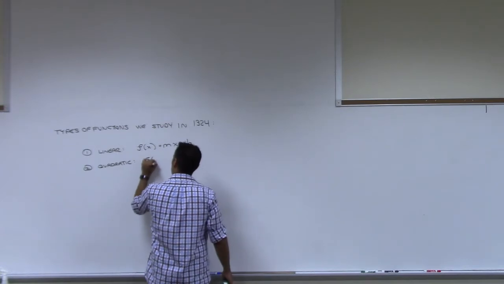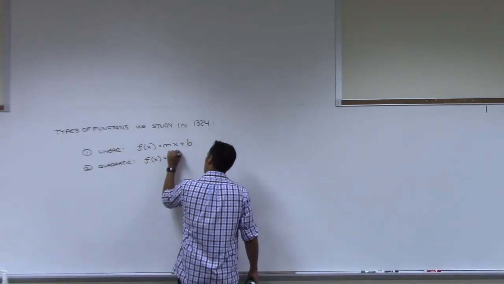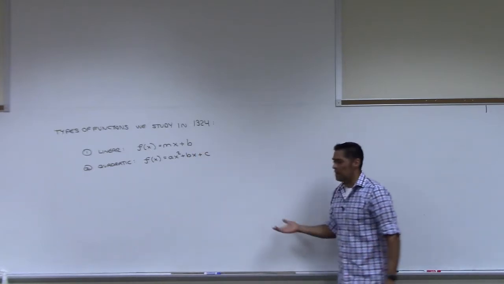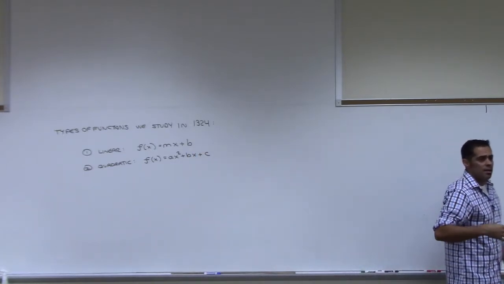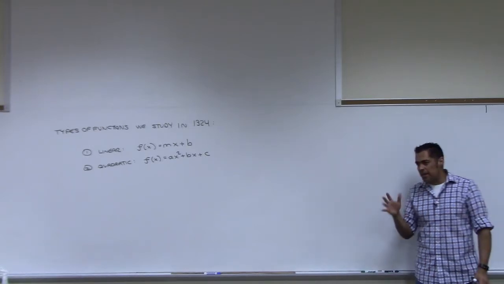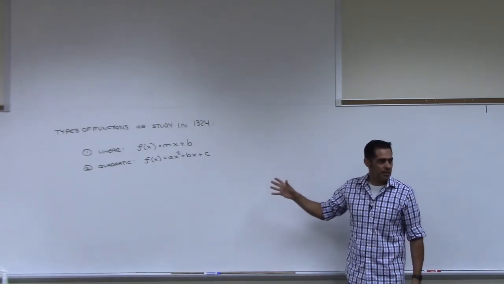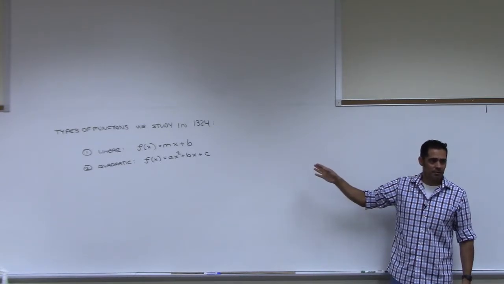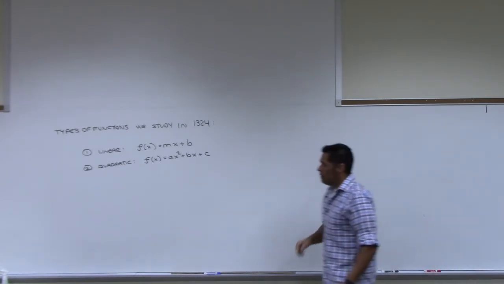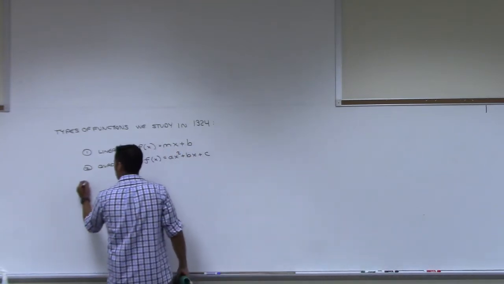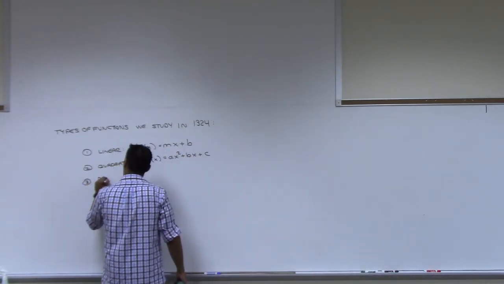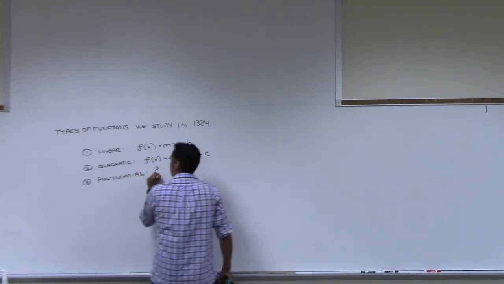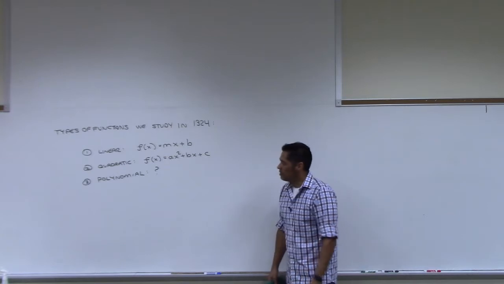This is a function that looks like ax squared plus bx plus c. And after what we talked about today and last class, we should all get to a point where we're semi-comfortable graphing a quadratic. All right? We understand there's a lot of work to do that, right? There are more types. The next type is called polynomial functions. And that's what we're about to talk about. So I'm going to leave that as a question mark.